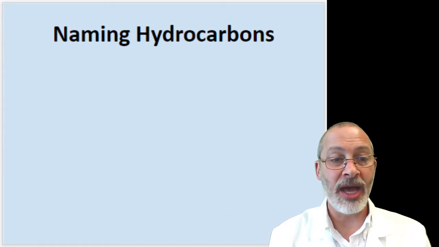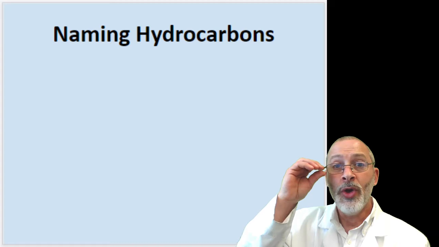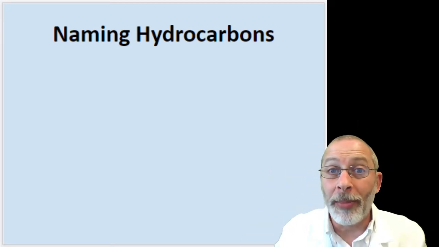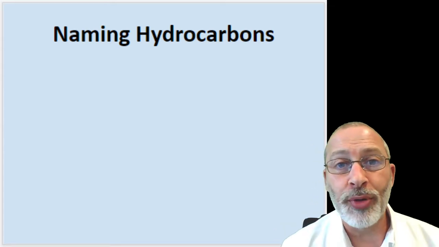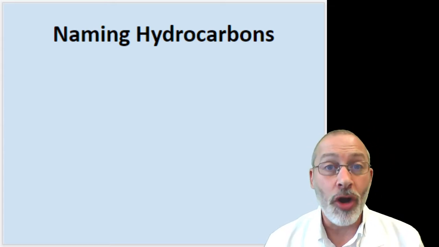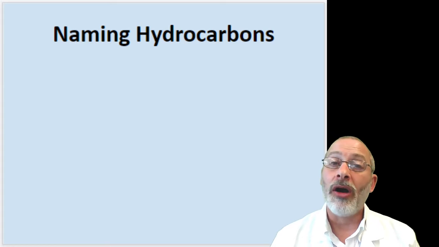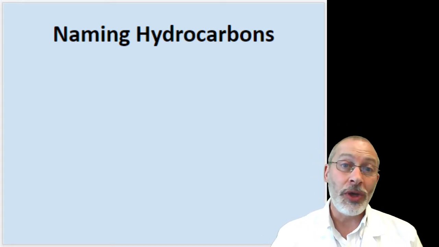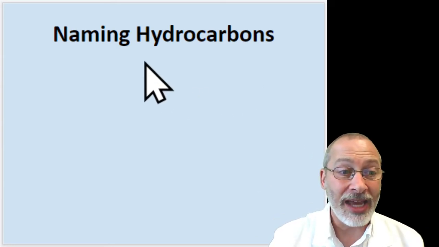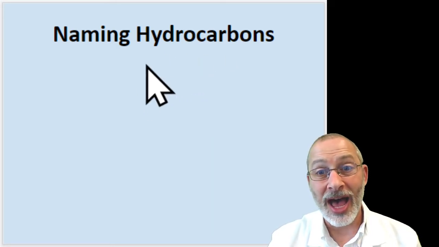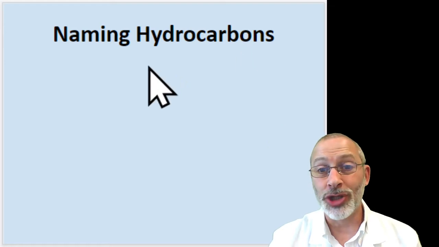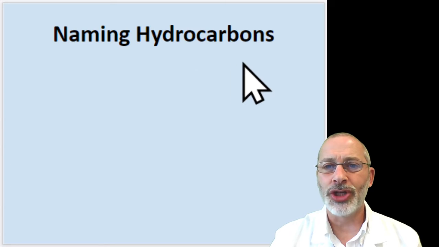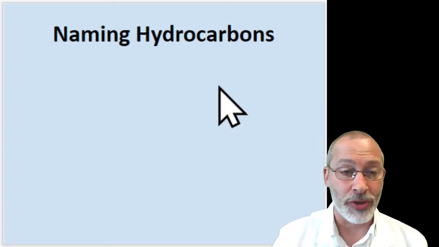hydrocarbons. Naming hydrocarbons. Now, as you know, organic chemistry is all about the chemistry of carbon, and one of the most prevalent types of carbon compounds are those that are formed with hydrogen. So when you look at the name here, hydrocarbon, hydro refers to hydrogen, and carbon obviously refers to carbon.